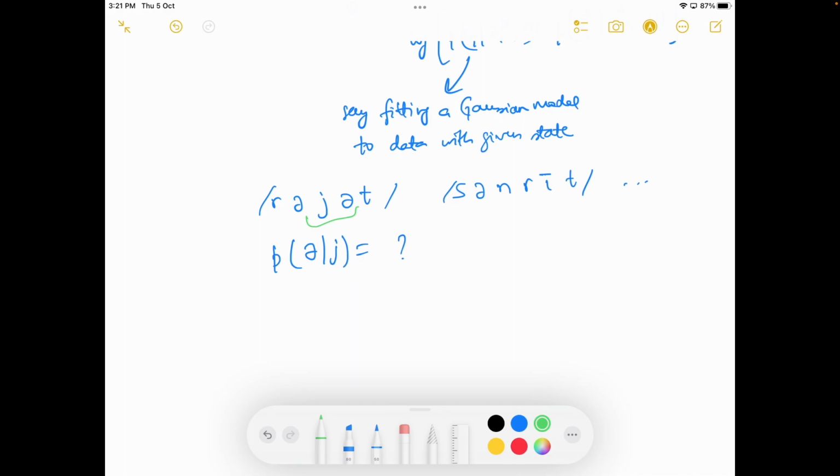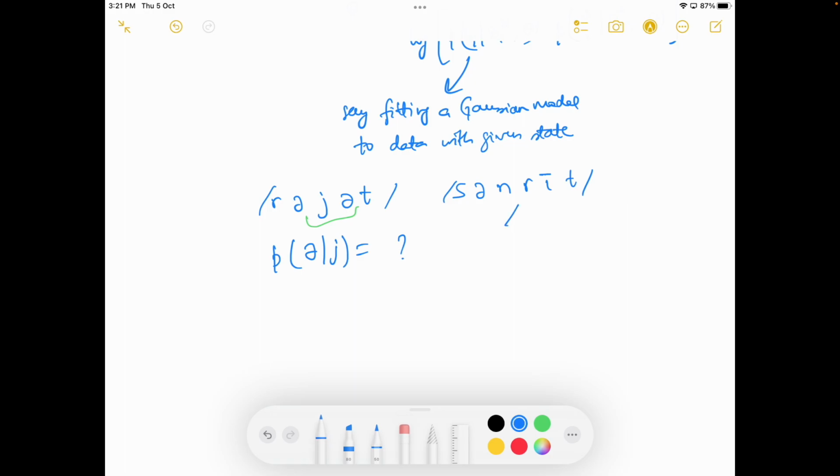So what is the probability? 1? Are you sure? Okay, let me add some more. This is a very small data set. Let me add some more examples. Just give me a moment.